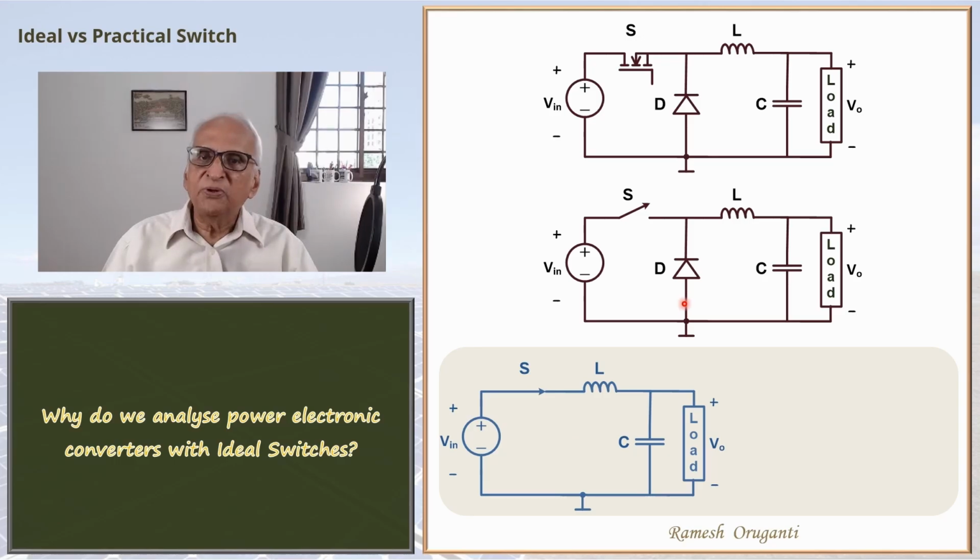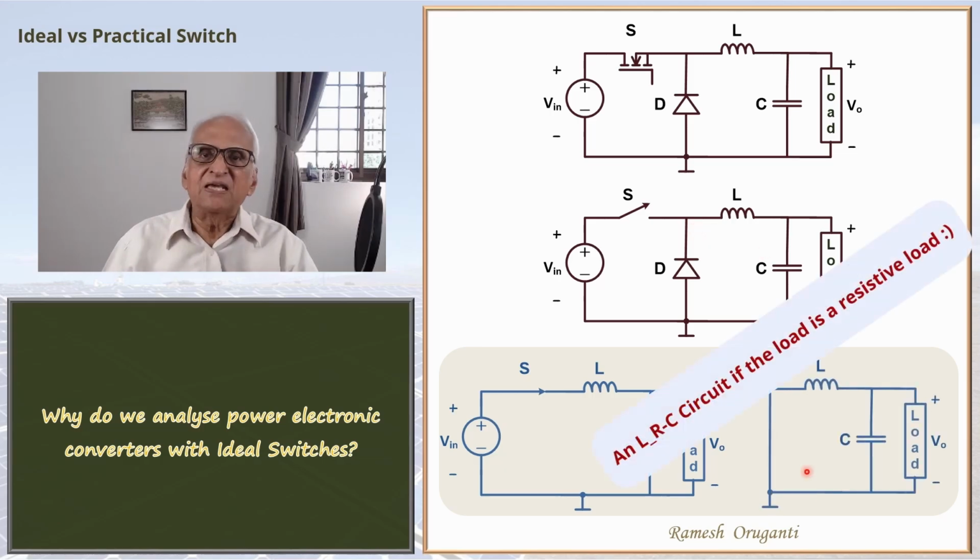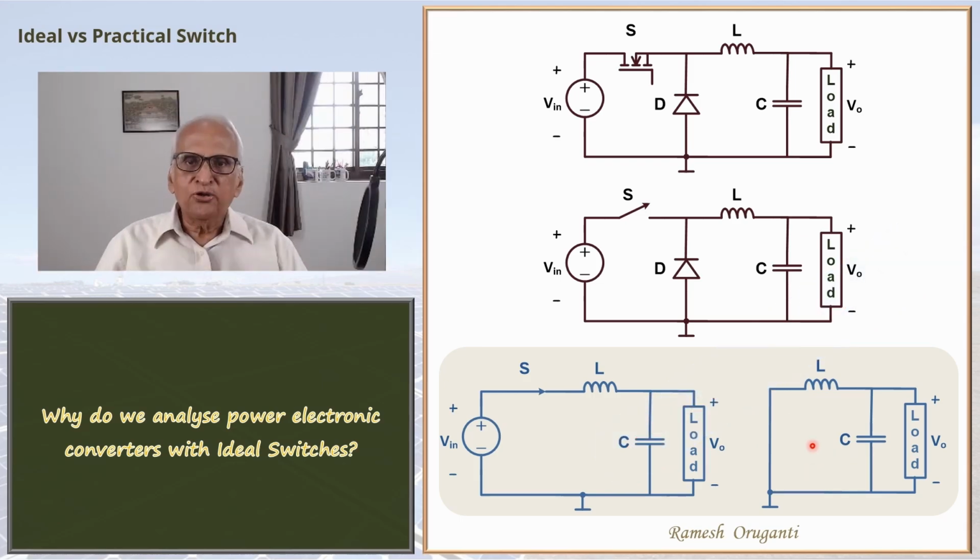And when you open the switch, the inductor current flows through the diode. And if you assume that the diode is ideal, then it can be just treated as a short circuit, in which case you will get this circuit, which is again a simple linear circuit, an LRC circuit. The diode also can be treated as an ideal switch. When it is on, it is practically a short.